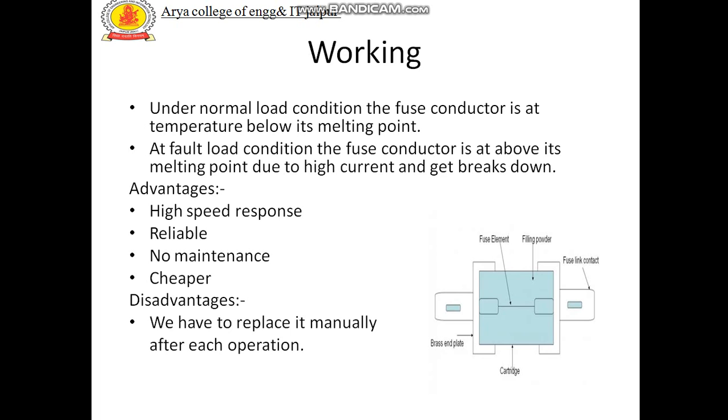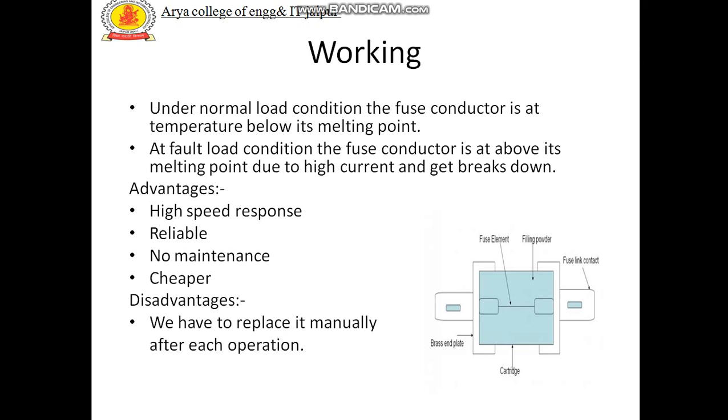The working of the HRC fuse: under normal load condition, the fuse conductor is at a temperature below its melting point. At fault condition, whenever a fault occurs, the fuse conductor goes above its melting point due to high current and breaks down.